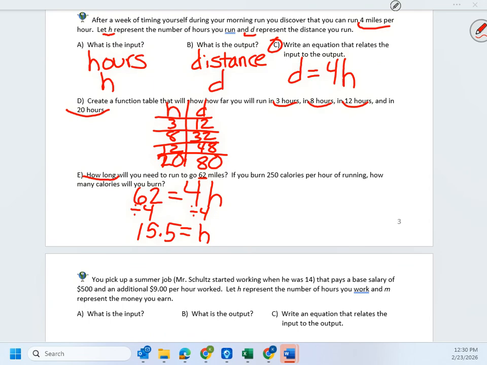So that's our first question. Now we have our second question. If you burn 250 calories per hour of running, how many calories will you burn? What do I have to do to solve that question? Put that 250 times 15.5. 250 times 15.5, what do I get?